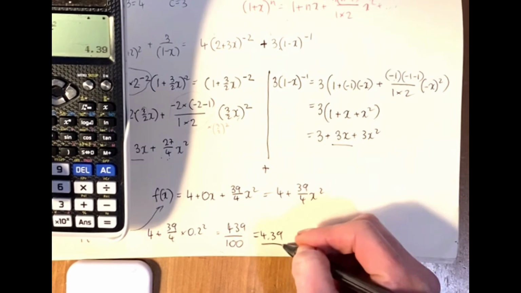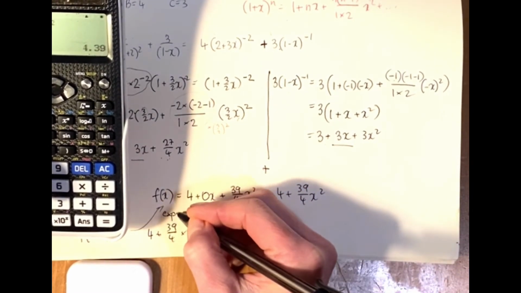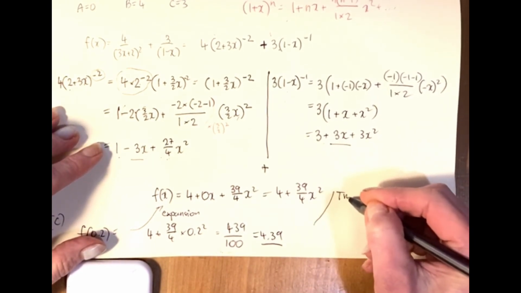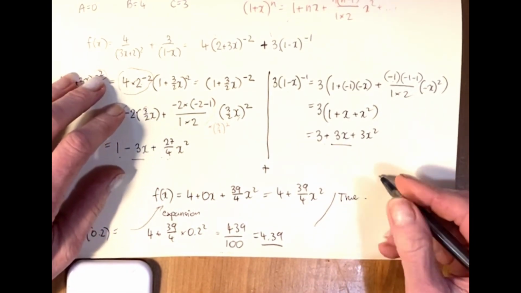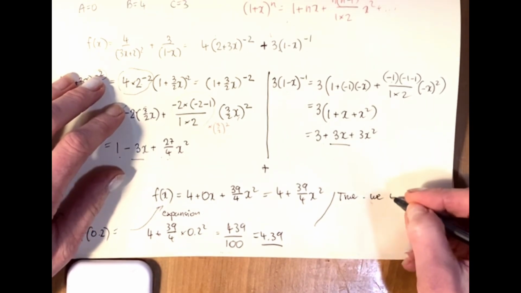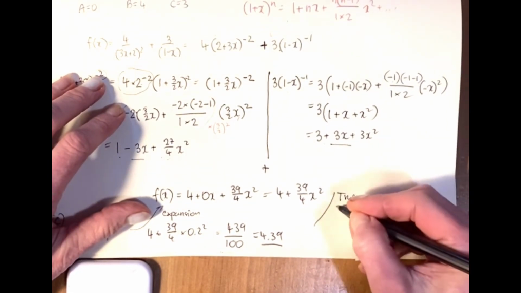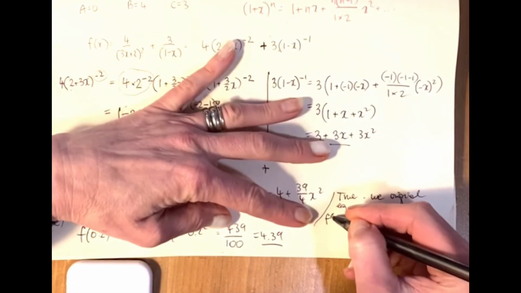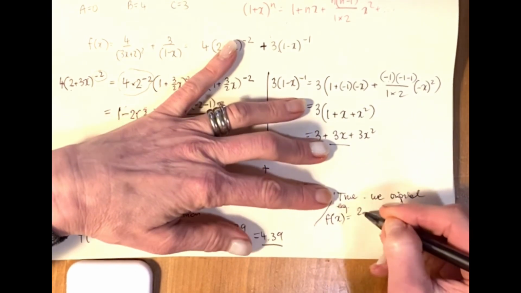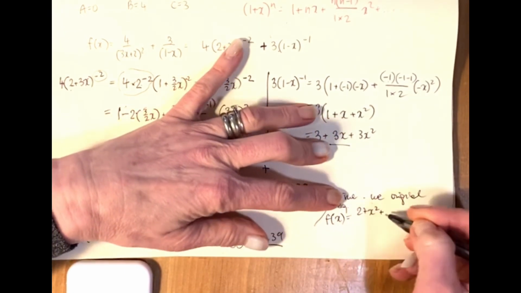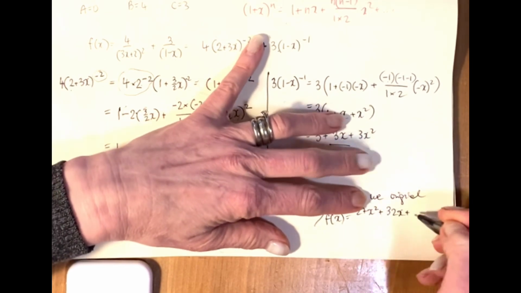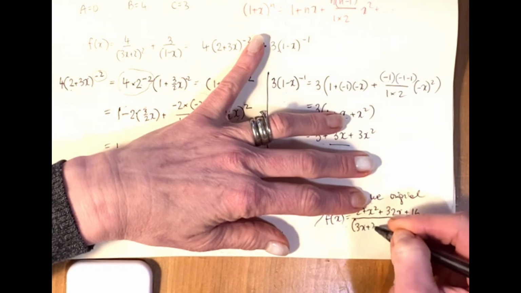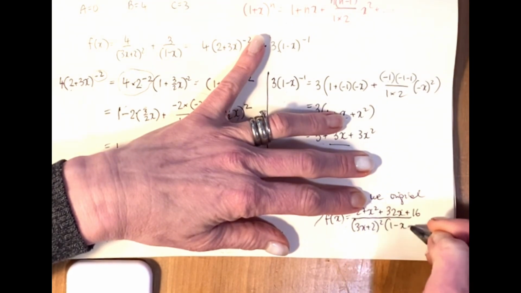So that's using the expansion. And for the true answer, we are going to use the original equation. So we are going to put 0.2 into the function 27x squared plus 32x plus 16 over (3x plus 2) all squared, then times (1 minus x).